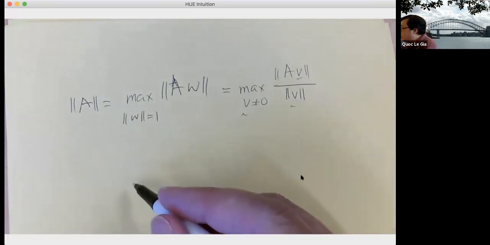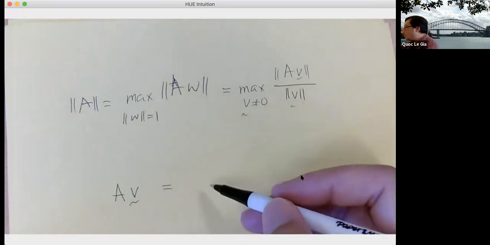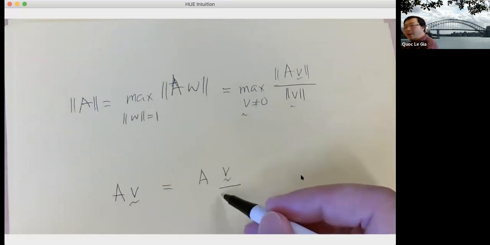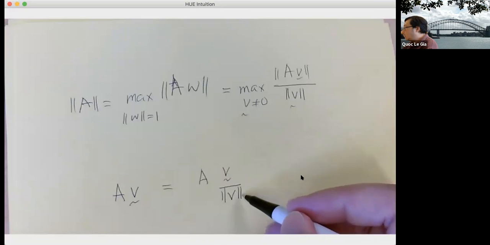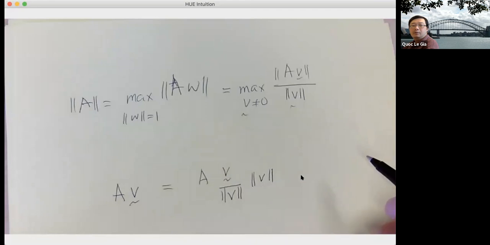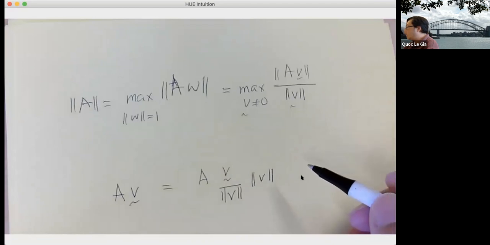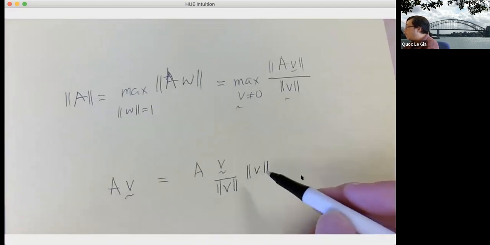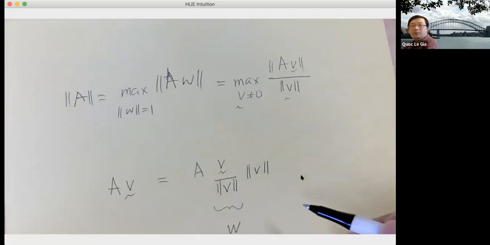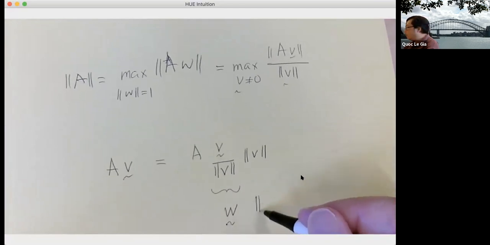Now you can see that if I write AV, it's just the same as A times V divided by the norm of V, and you multiply again by the norm of V. When you divide and multiply by the same thing, it stays the same. And now I label this one to be W. And then I have V here as well.